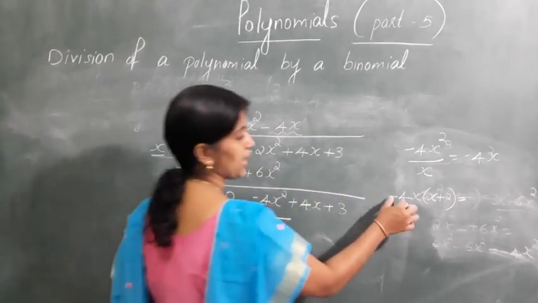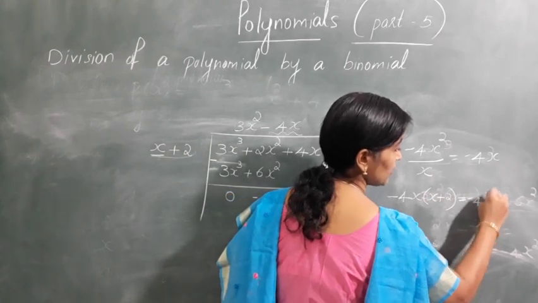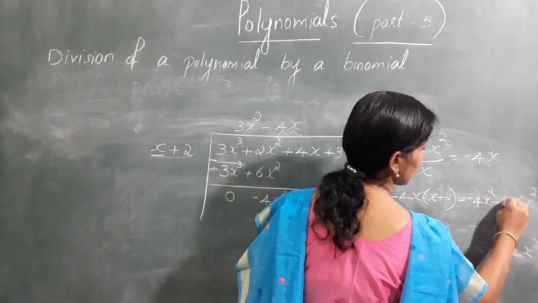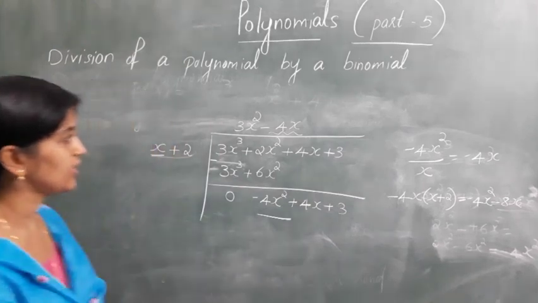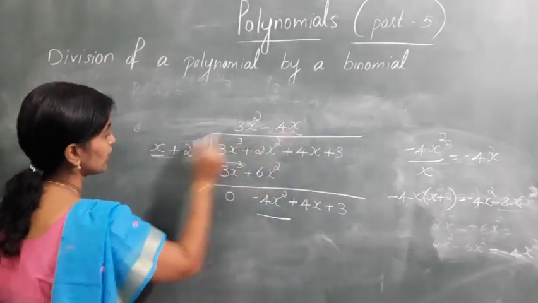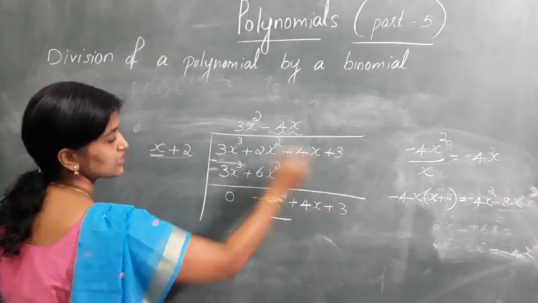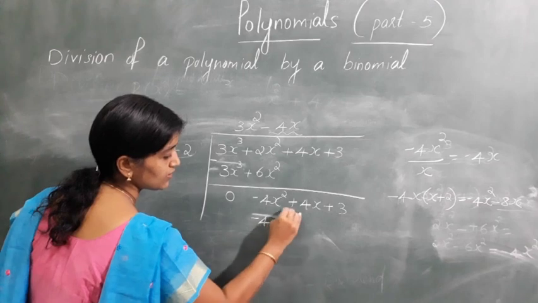It is minus 4x into x, it is minus 4x square. Minus 4 into 2, it is minus 8x. Okay, that is minus 4 into x. What is it? Minus 4x square.